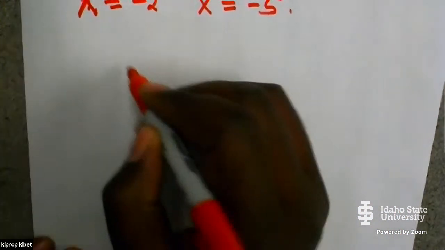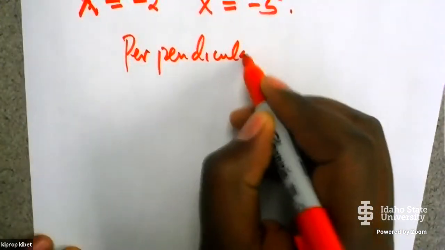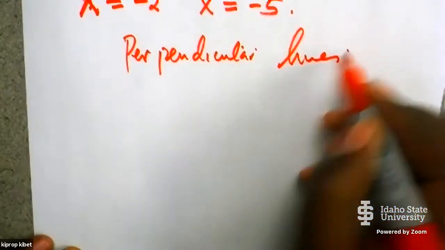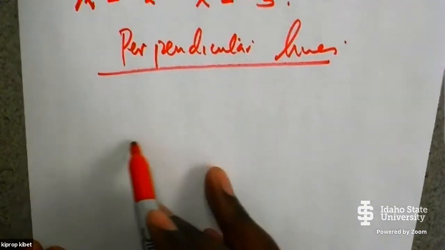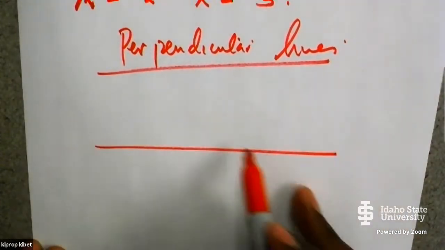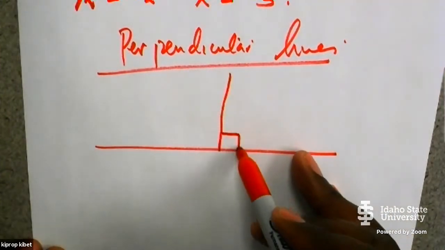All right. Now let's come to perpendicular lines. A perpendicular line is a line where they form a what?